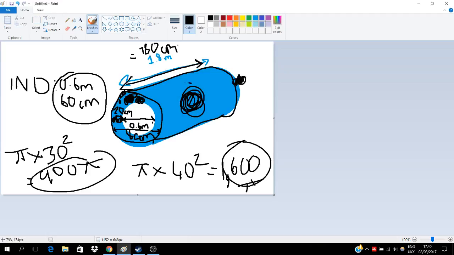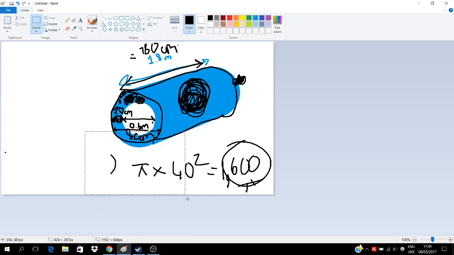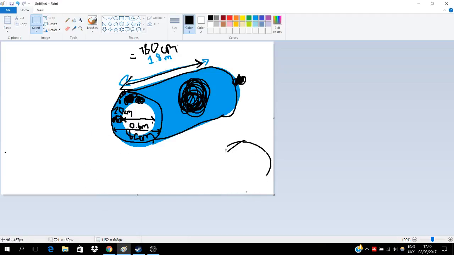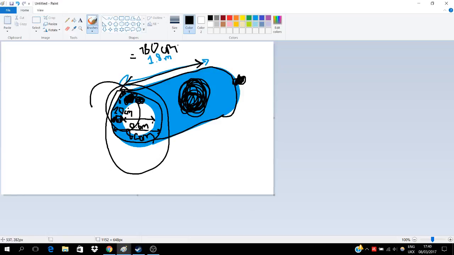Because we found this surface over here, all we need to find is this surface over here, the big one, right? Finding the big one's really easy. We need to find the circumference of the big circle.